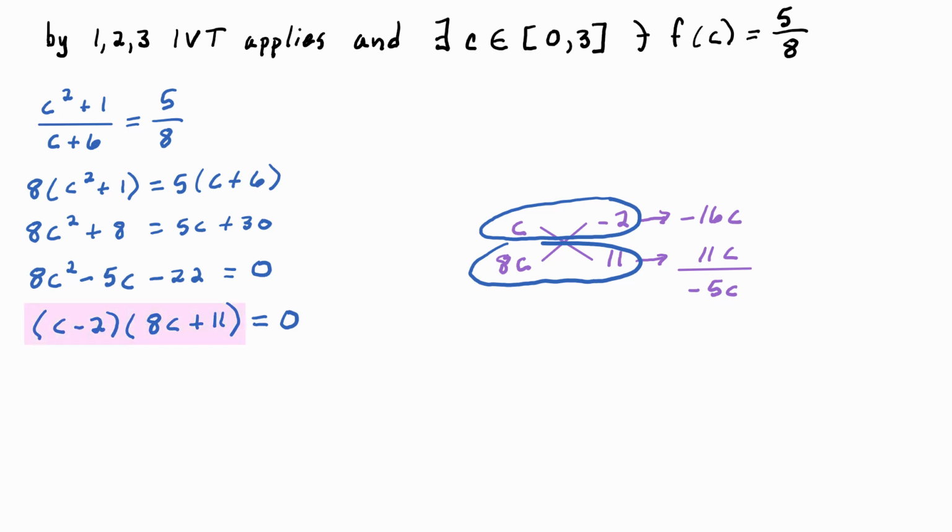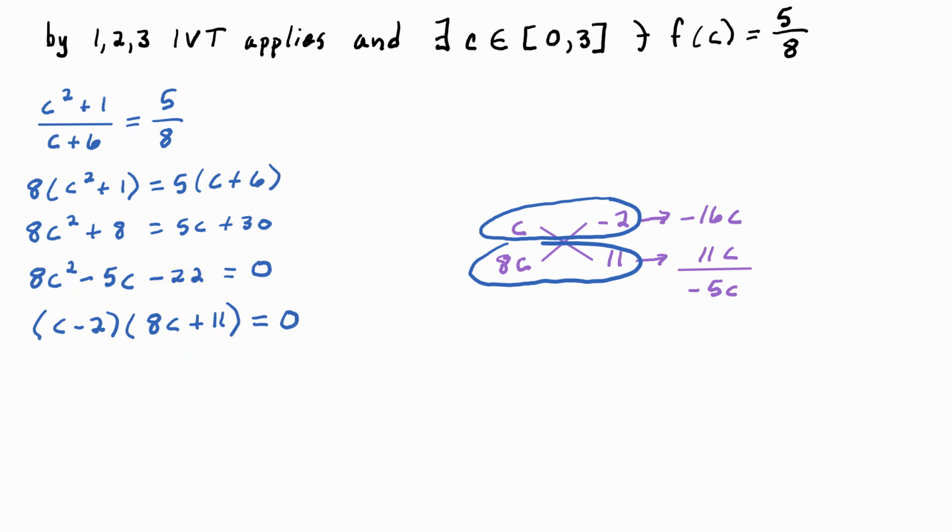So this is the factorization of this quadratic. And we can always FOIL it out to check. C times 8C is the 8C squared. Outside, we have 11C. Inside, negative 16C. That gives us our negative 5C here. And then negative 2 times 11 is the negative 22.